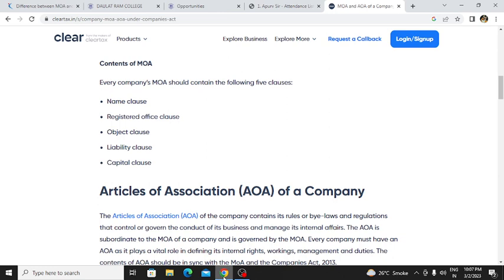Liability clause is what the liability of the company is, whether of a member or of the company itself. Capital clause is under which capital the company is authorized, subscribed, issued, and on which denomination under the company law.